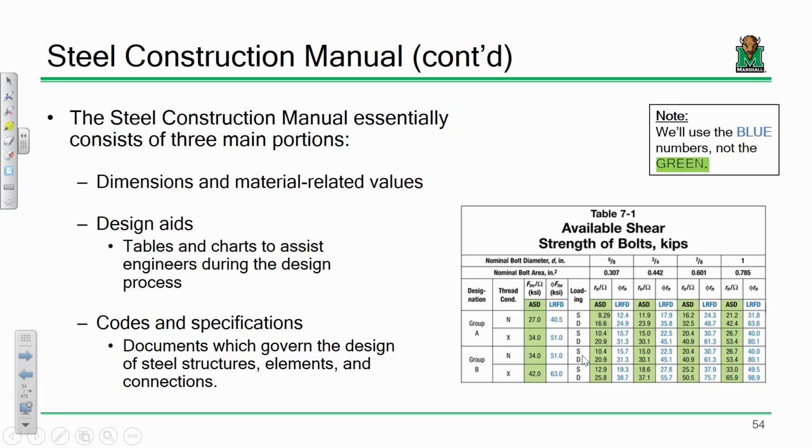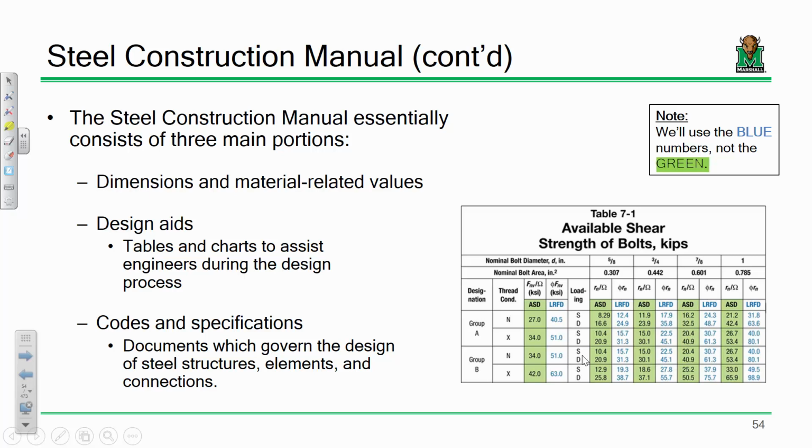In this course, we are always going to use the blue numbers, not the green numbers. Okay? Remember, there are two philosophies upon which we design structures. One of them is LRFD, which is what we're doing in here, the 1.2 dead, 1.6 live, where you factor the loads and you factor the resistances.